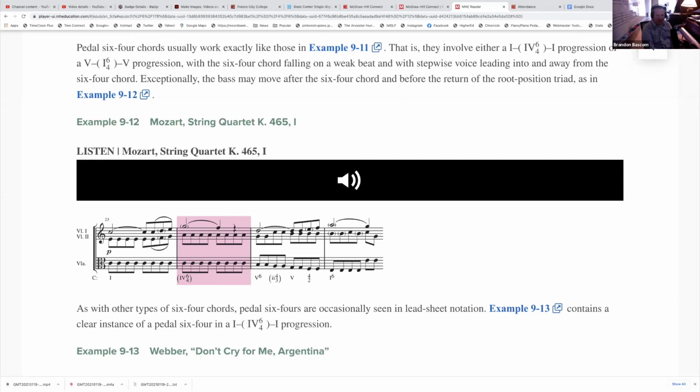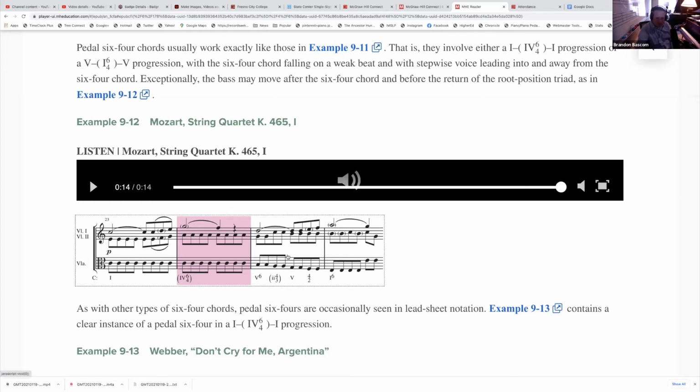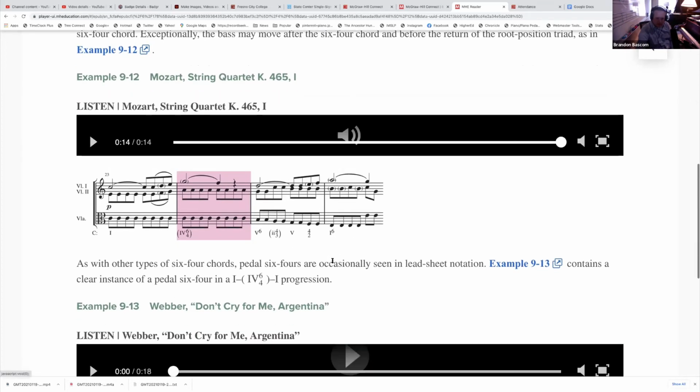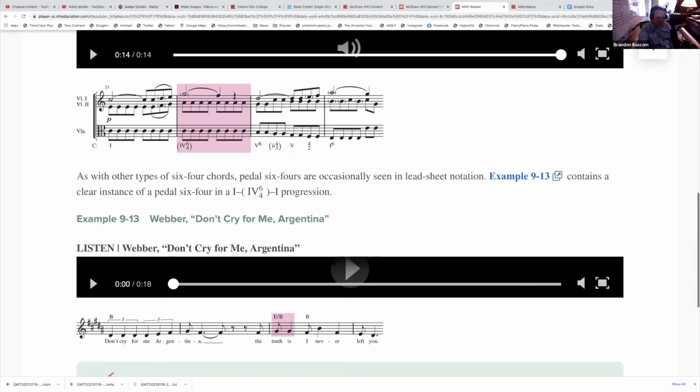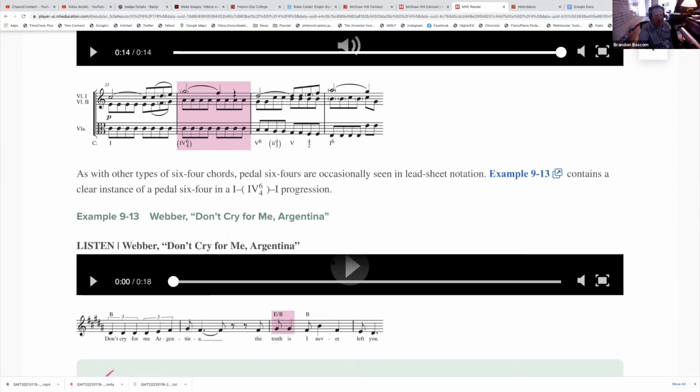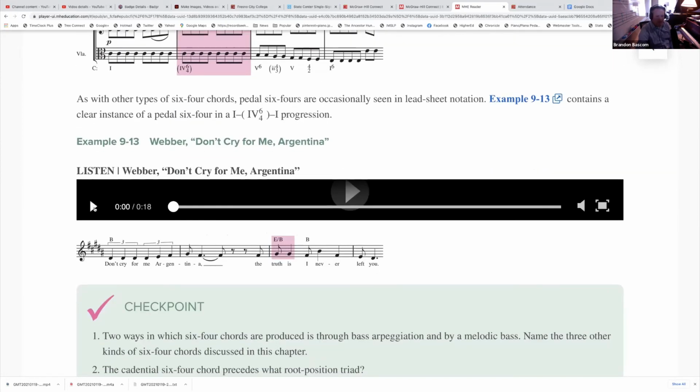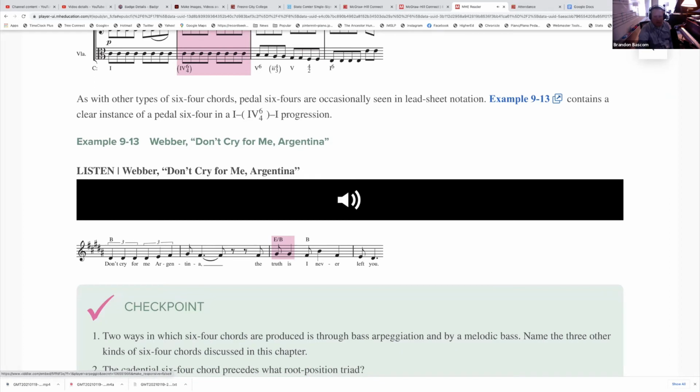As with other types of 6/4 chords, pedal 6/4s are occasionally seen in lead sheet notation, as in Don't Cry for Me Argentina, with our slash chord. Example 9-13.